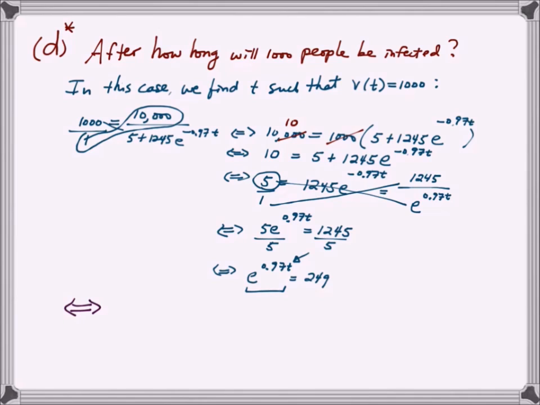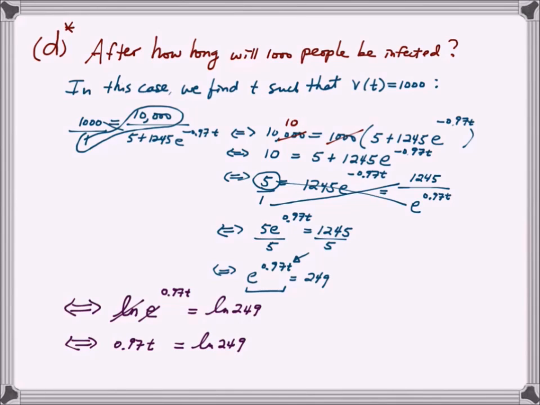We apply the inverse function of the exponential function, which is called the natural log. So if I take the natural log of e to the 0.97t, it is equal to the natural log of 249, applying the natural log to both sides. Then I'm able to cancel the natural log and the e because they're opposite functions of each other, and that's why they're called inverses. Then I have 0.97t on the left, and the natural log of 249 on the right.